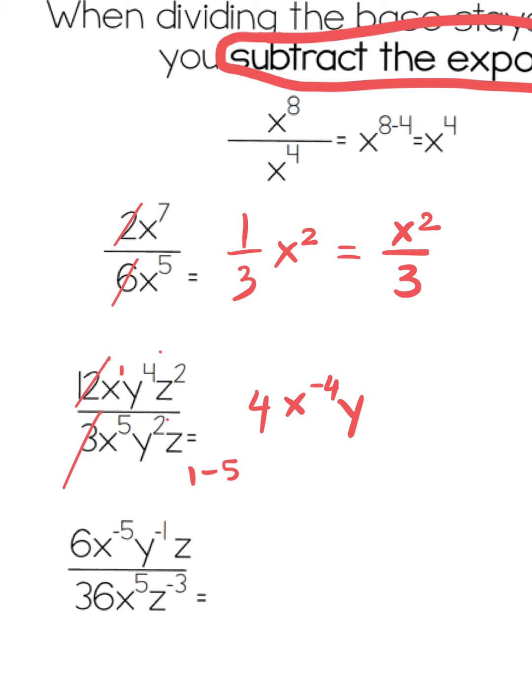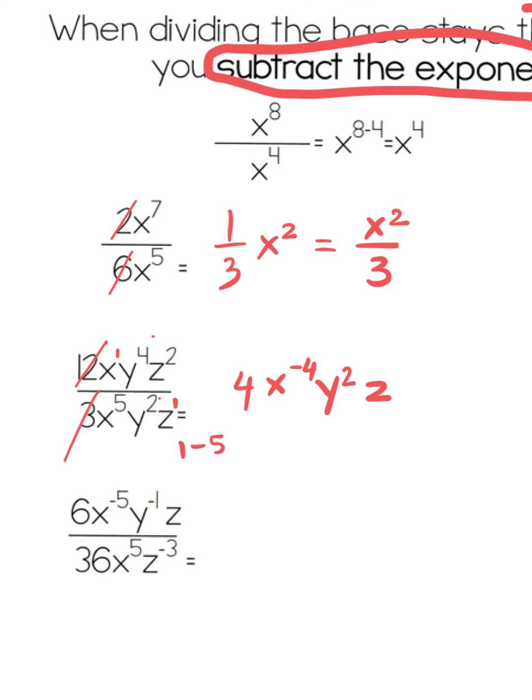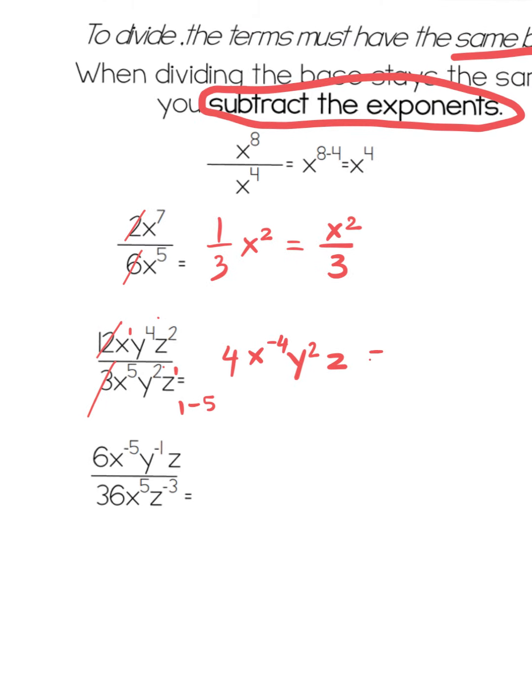So we have 4 minus 2 is 2. z^2 over z^1 is z^1, which is z. Simplify our work. This x, the only one, will be at the denominator because negative, flip and negate. So we have 4 times y^2 times z over x to the positive 4.